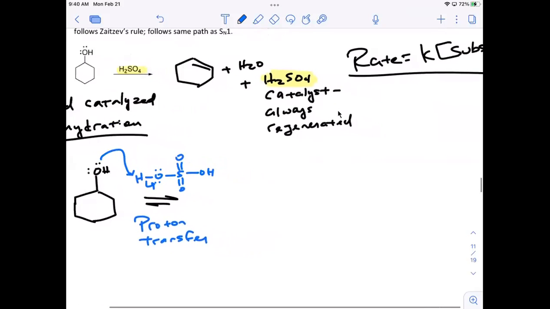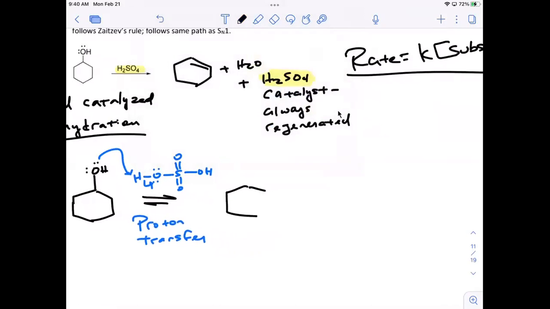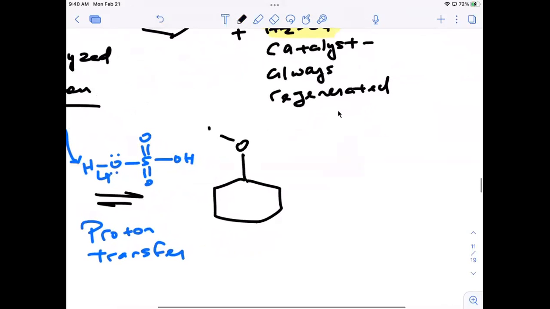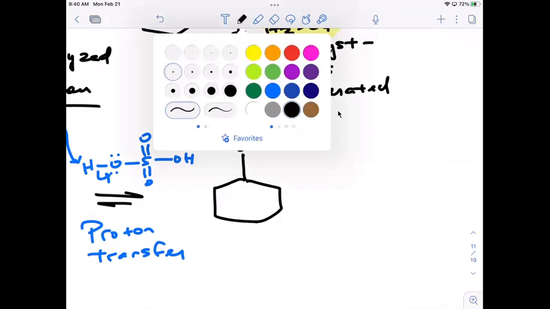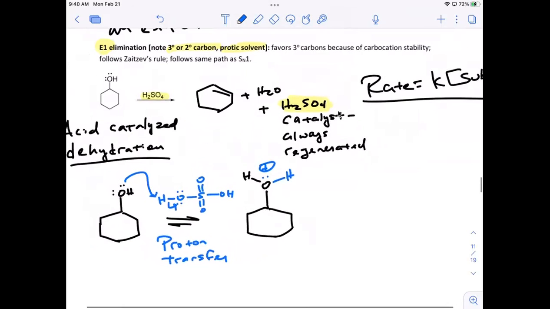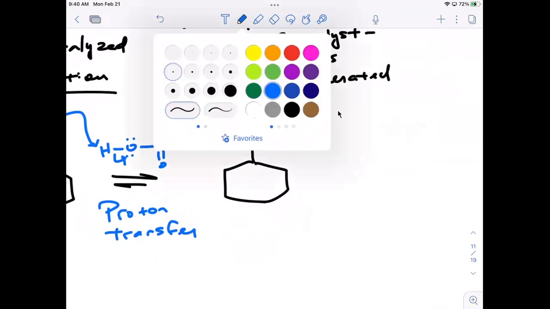And then I end up with what? Water. So water as my leaving group. So now this is positive, right? Now it's more apt to leave. And I'm going to put this in brackets.